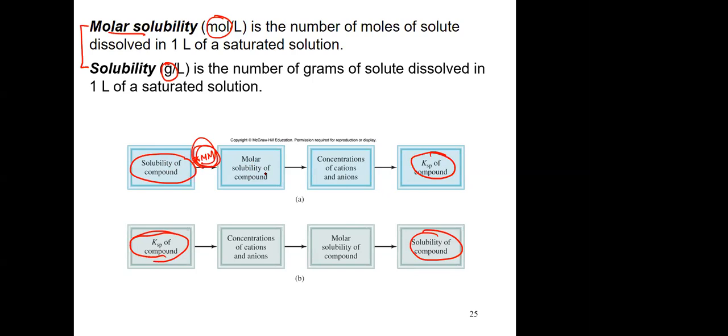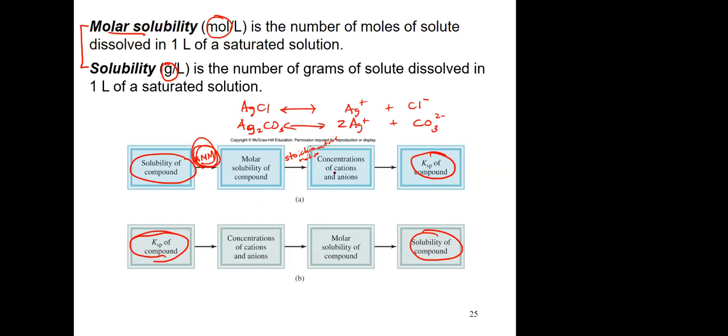And once you have the molar solubility of the compound, you convert it into the ions, the cations and anions. What do you need here? The stoichiometric ratio. For instance, if you have silver chloride, when it dissociates, it gives you 1 mole of silver ion and 1 mole of chloride ion. If it's silver carbonate, when it dissociates, it gives you 2 moles of silver ion and 1 mole of carbonate.